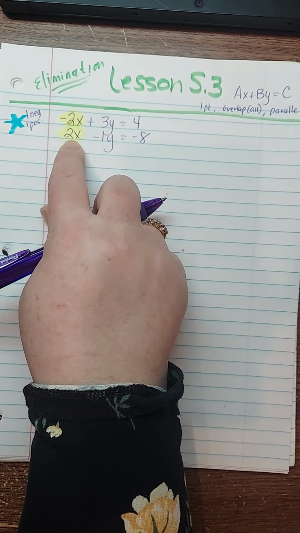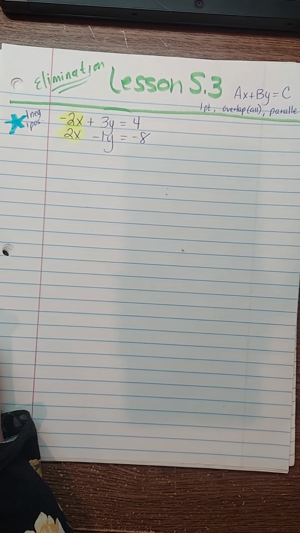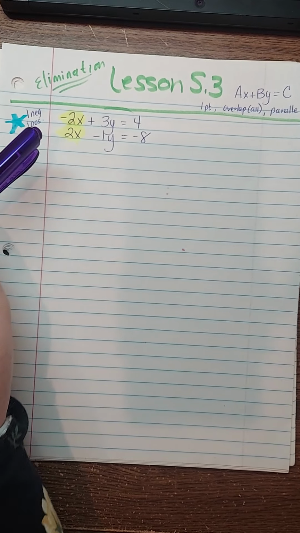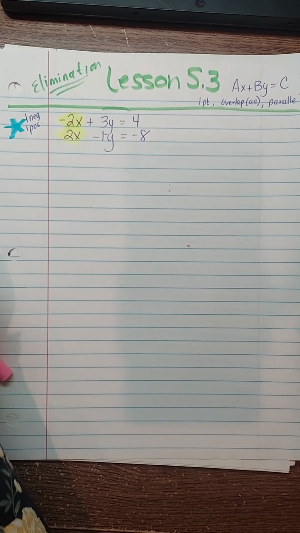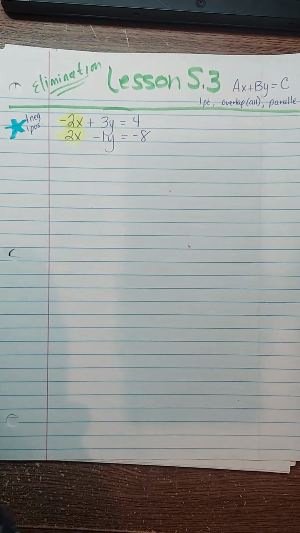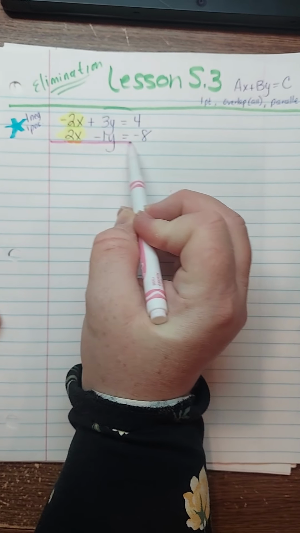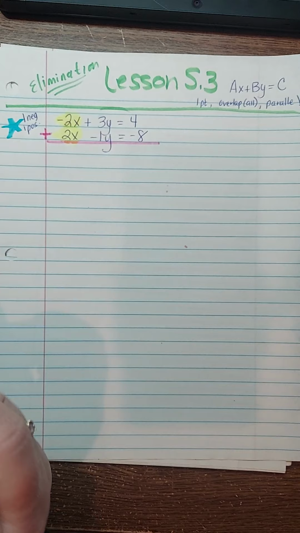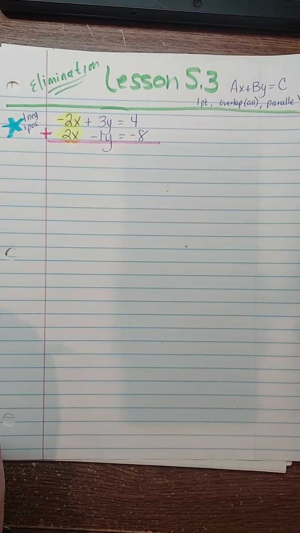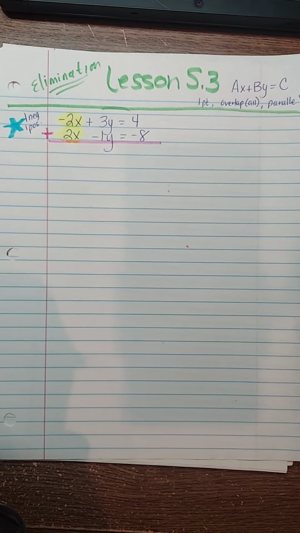Okay, notice the same coefficient. Now it doesn't have to be x every time, it could be y. It doesn't really matter. So notice I'm all set to go. Because if I go ahead and add these together, am I always going to add? Yes, just because I don't want to subtract and make things more complicated.